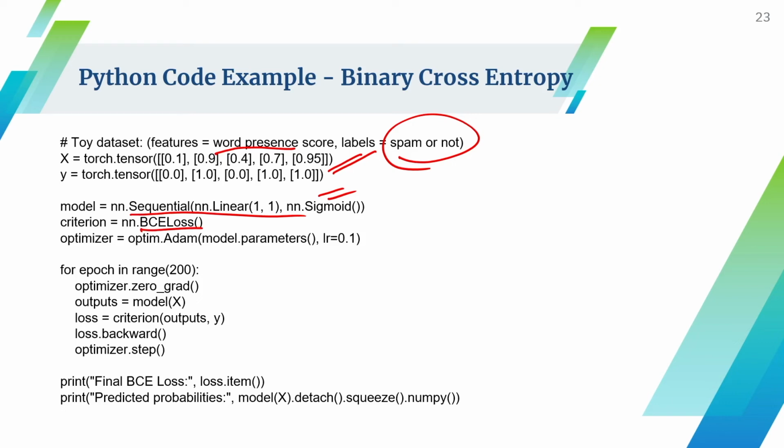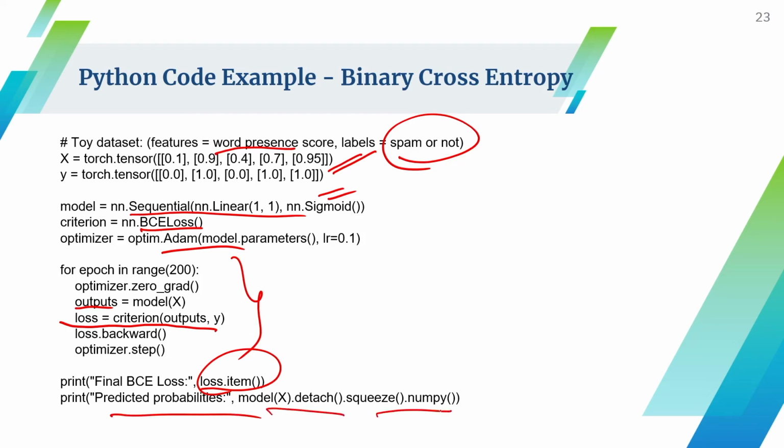After this methodology is called, again some optimization function is being used to fine-tune the performance, and for each epoch, for every execution, we are calculating the gradient, and then giving the model output values to the output variable over here, and all the loss functions are defined with the given criteria, and the final loss value will be in the loss.item variable, and this also predicts the probabilities, by which the model output is detached and squeezed.